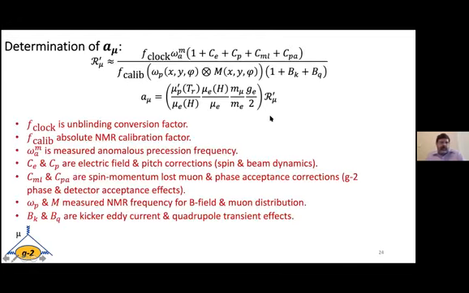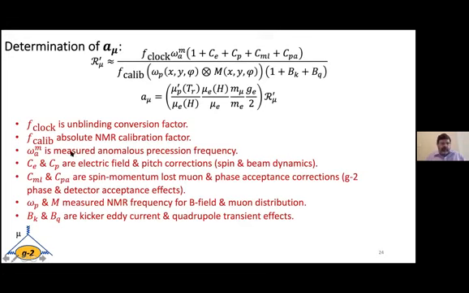But things, of course, in practice are a little bit more difficult. In the numerator, we have this F clock term that's basically a blinding conversion factor, which I'll discuss on the next slide. As I was talking about before, we need an absolute NMR calibration factor for determining the magnetic field.